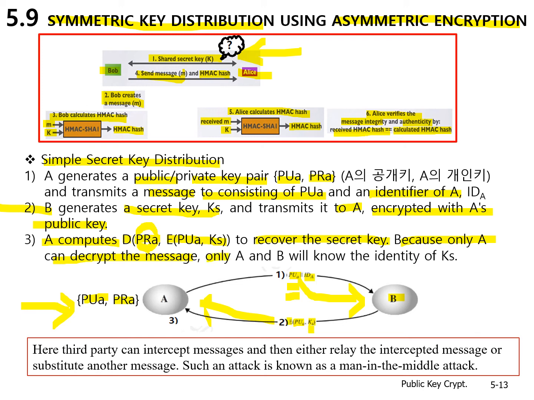Also, only Alice and Bob will know the identity of the session key. So this is how two sides share a session key.